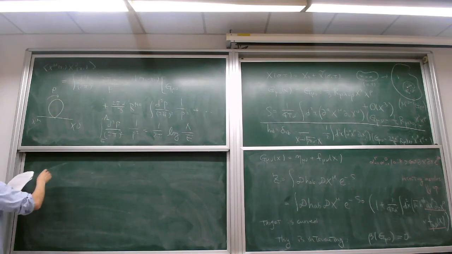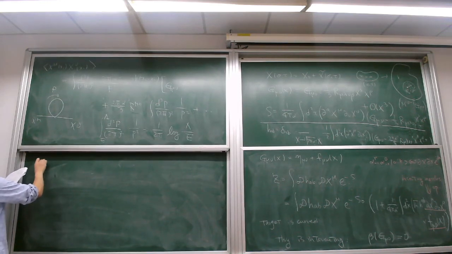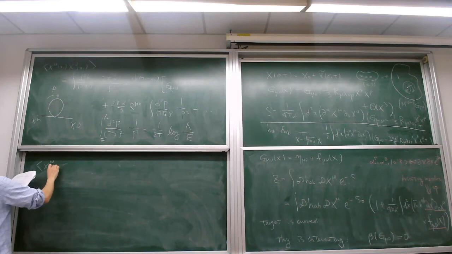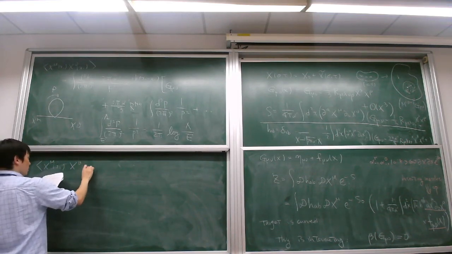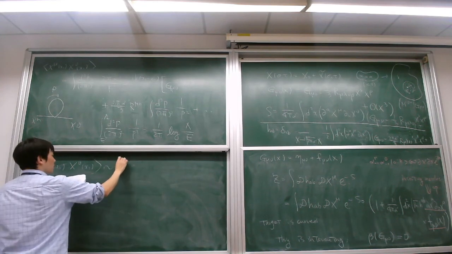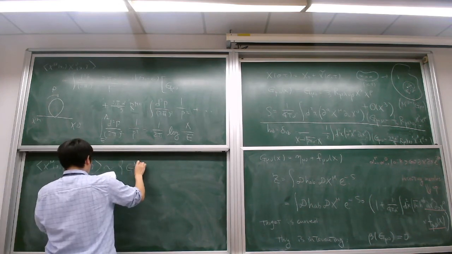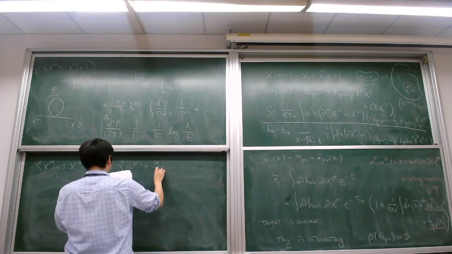Roughly speaking, if you go to the Fourier mode, the momentum space, this can be written so that this one correction is essentially this one.